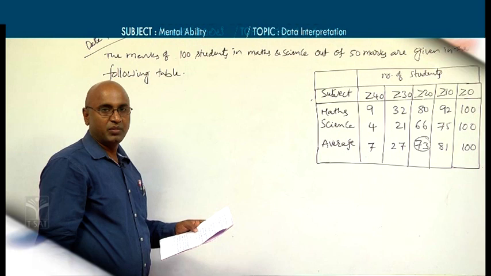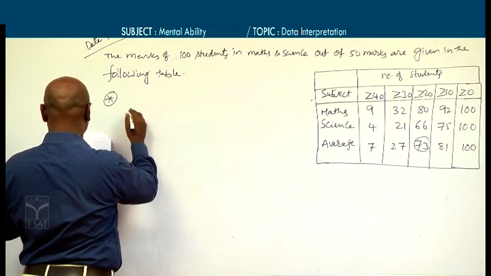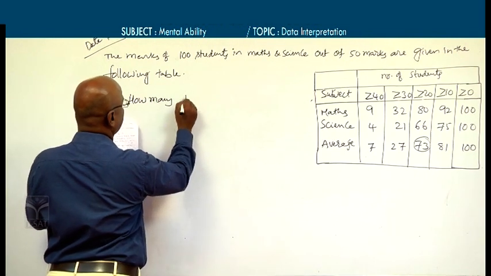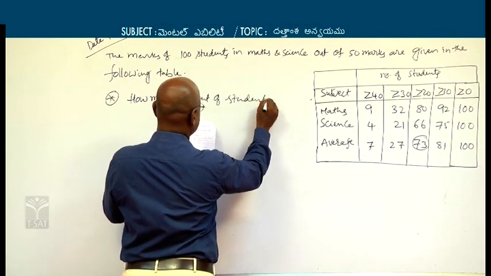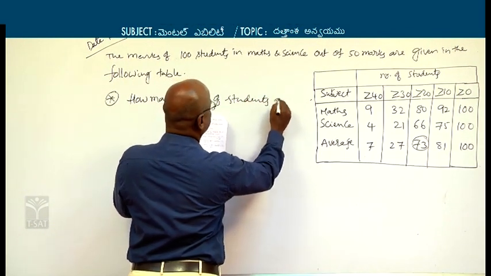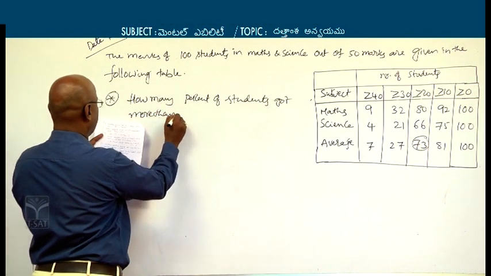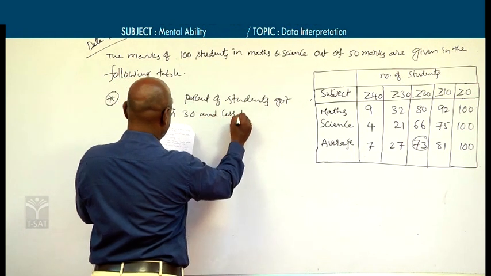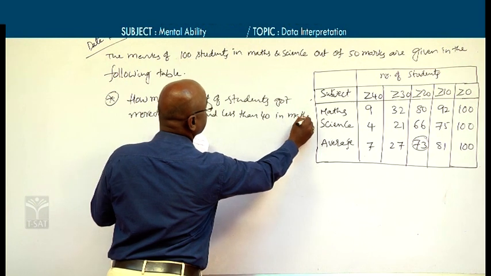The third problem in this data table is as follows. How many percent of students got more than 30 and less than 40 in maths?